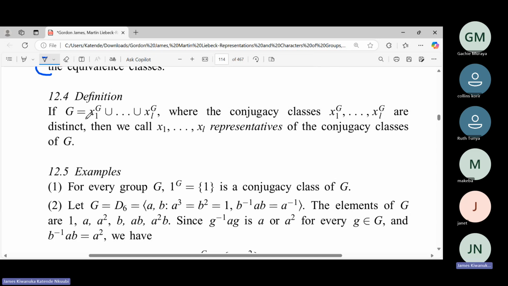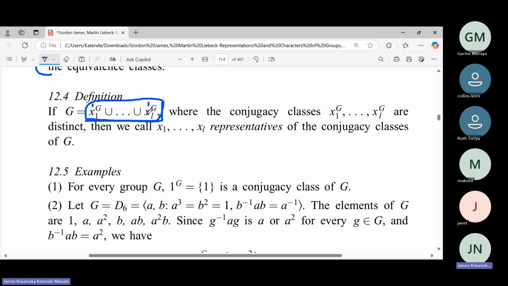So now you can pick up all the distinct conjugacy classes that form the union. And that means you have to pick one representative from each conjugacy class. Since two elements in the same conjugacy class will generate the same conjugacy class, you can just pick one representative so that you have a more efficient union.